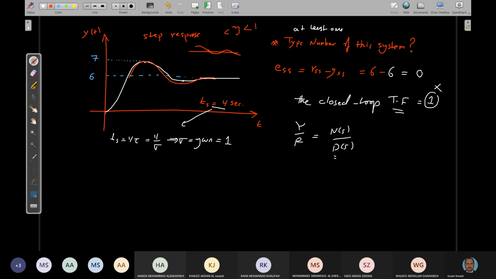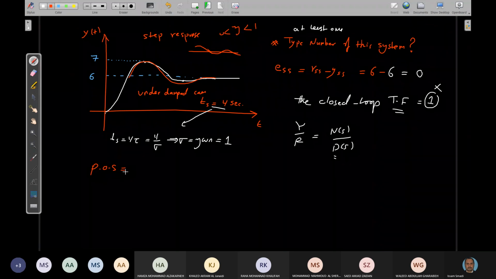So this case is the underdamped case, correct? From the percent overshoot, can I find any information, or who can calculate the percent overshoot for me? Do you remember the percent overshoot equal to what?